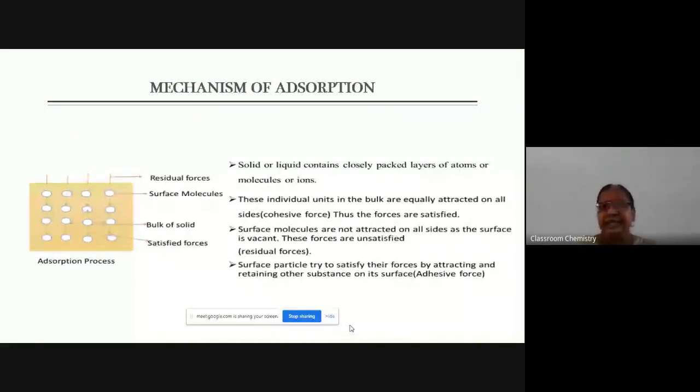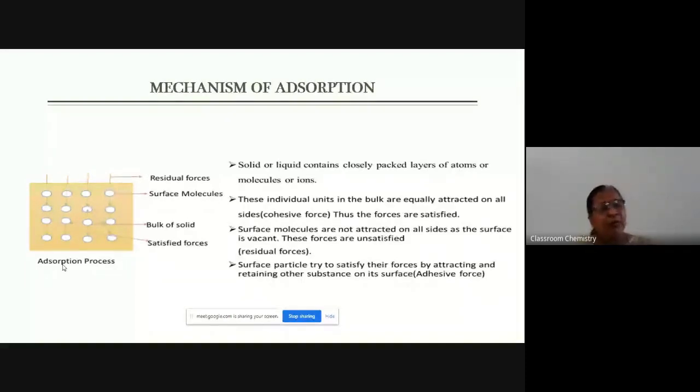Interior part जर consider केला substance चा, तर त्या interior part मध्ये surrounding ला सिमिलर मोलिक्युल्स किंवा सिमिलर ॲटम्स किंवा सिमिलर आयन्स असणार आहेत. म्हणजे बल्क ऑफ द मॅटर मध्ये हा जर ॲटम किंवा मोलिक्युल किंवा आयन आपण कन्सिडर केला तर it was equally surrounded by the similar molecules, similar atoms and similar ions. जे काही इंडिव्हिज्युअल युनिट त्या सबस्टन्स असेल त्या सबस्टन्सच्या मधील आयन, मोलिक्युल किंवा ॲटमने हा सराउंड झालेला असेल.